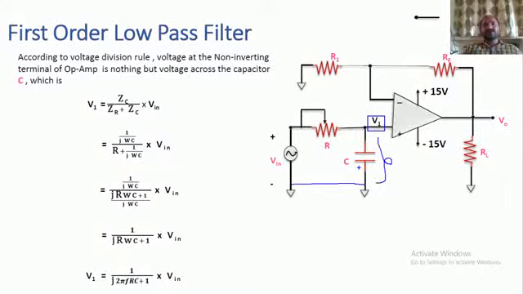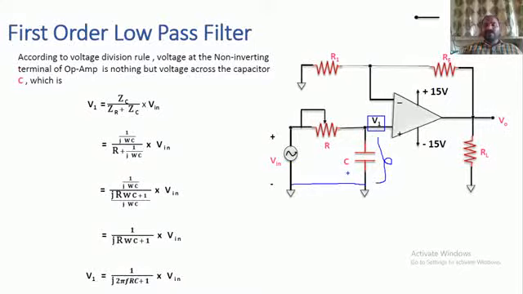The voltage division rule says that across whom you would like to calculate the voltage drop, that element impedance divided by the total impedance in that loop, multiplied by the input voltage applied to that loop. That is the voltage division rule.